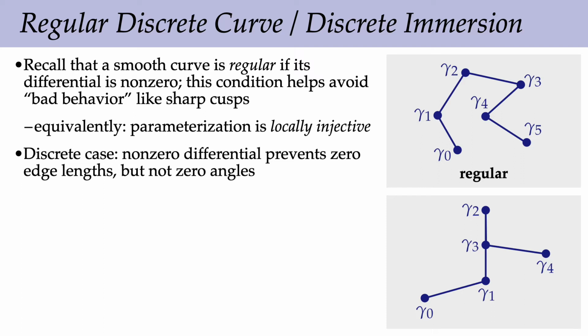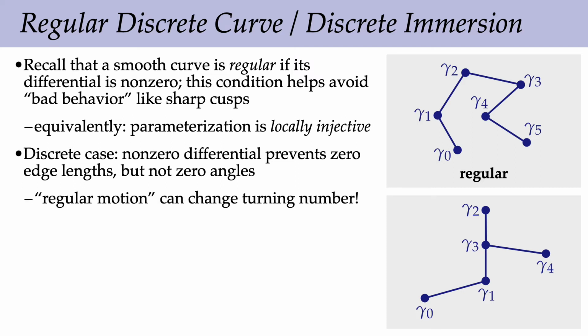Well, one thing we lose if we accept this first definition is you can imagine now I have a motion of the curve. The vertices of this curve are moving around. And as they move around, without letting any of the edge lengths go to zero, I could change the turning number of the curve. I can let some of these angles go to zero.